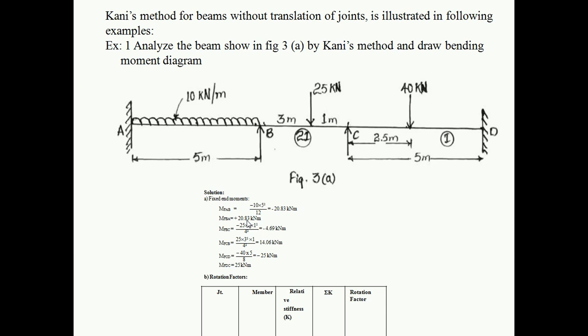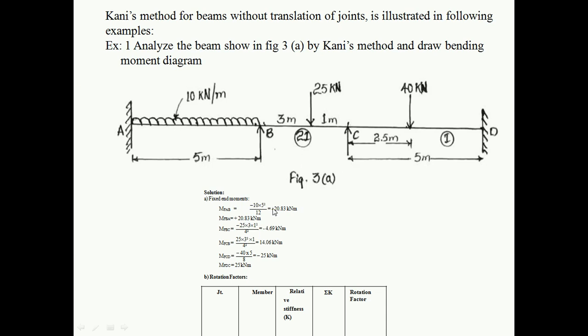Now the next step in Kani's method is the rotation factor. For the iteration process, the rotation factor is required, looking at the stiffness of a particular member. For calculating the rotation factor, we require the relative stiffness of each member at the joint. There are two joints, B and C, and each joint has two members.